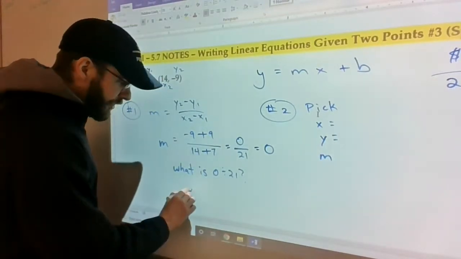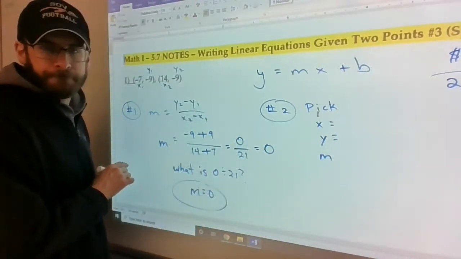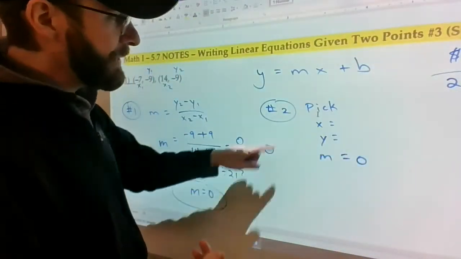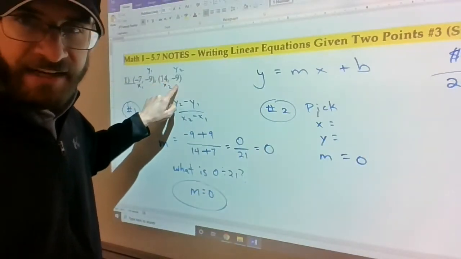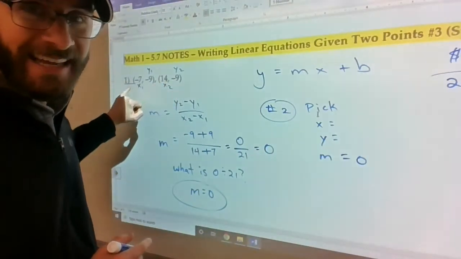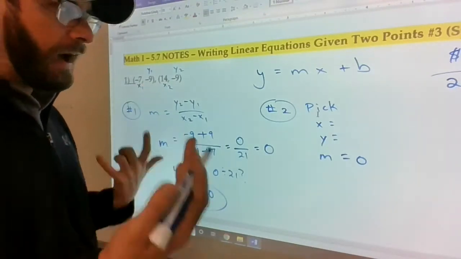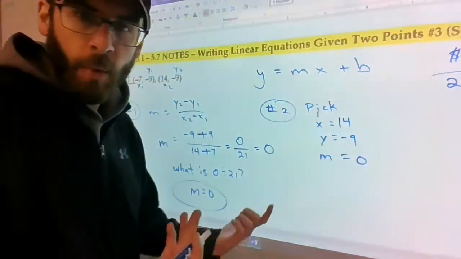Interesting. Okay, so my slope is m equals 0 for step 1. So that means m is going to equal 0 when I do my plug-in. Picking x and y, remember, I can either pick 14 for my x, -9 for my y, or I can pick -7 for my x and -9 for my y. I'm just going to go with 14, -9. One of them's positive.